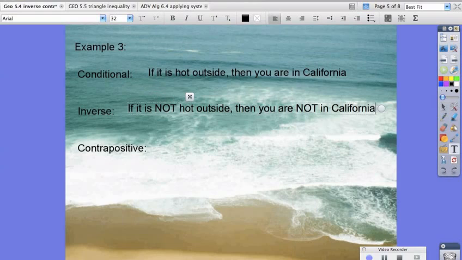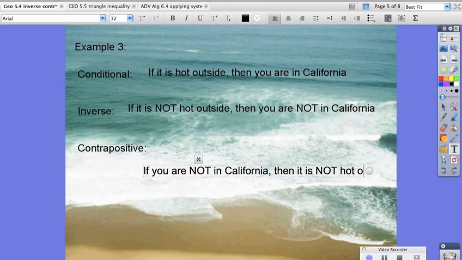So notice, we read through the conditional, we negated both statements, and that's how we do the inverse. To do the contrapositive, we switch the order. So again, we start with if, and instead of starting with it is not hot outside, we start with if you are not in California, then it is not hot outside.